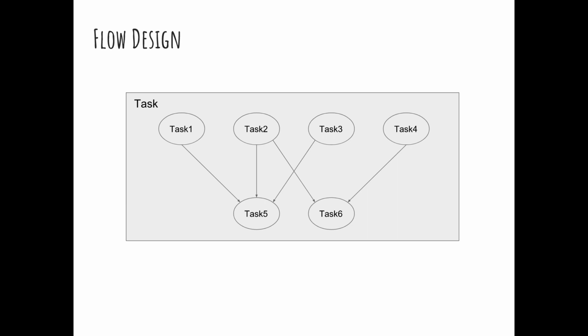Why? Because ideally we would like to run task 1, task 2, task 3, task 4 all in parallel, possibly on different worker nodes, so also possibly on different cluster nodes in our deployment. And once all of these 4 tasks finish, we would like to proceed to task 5 and task 6.